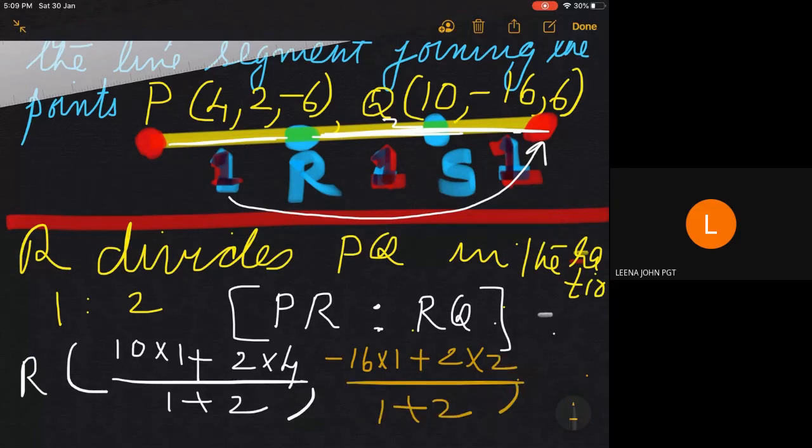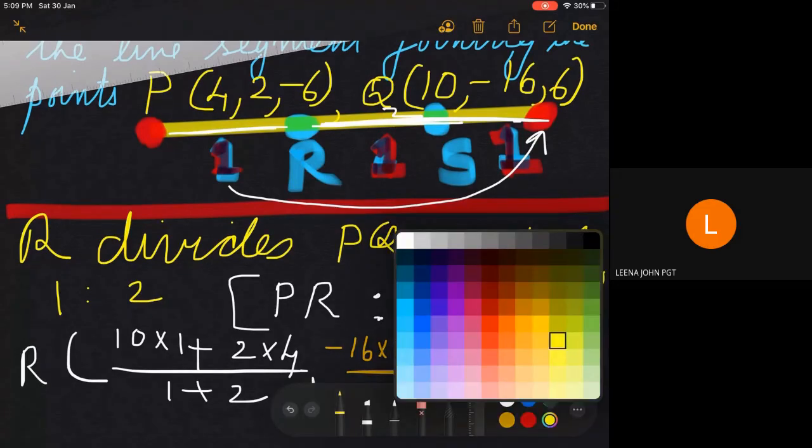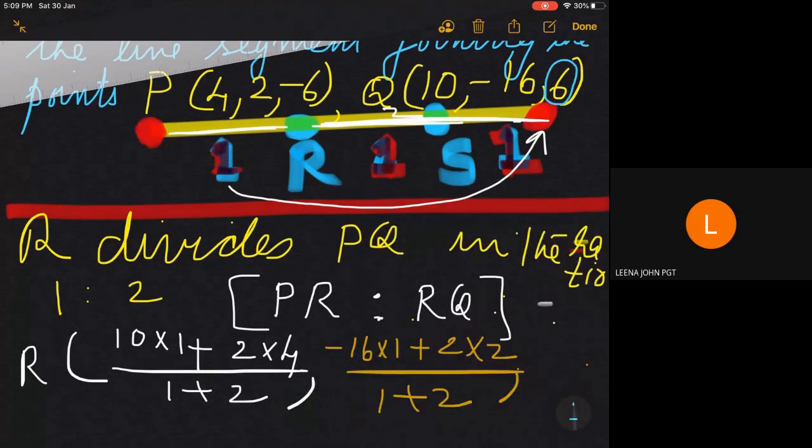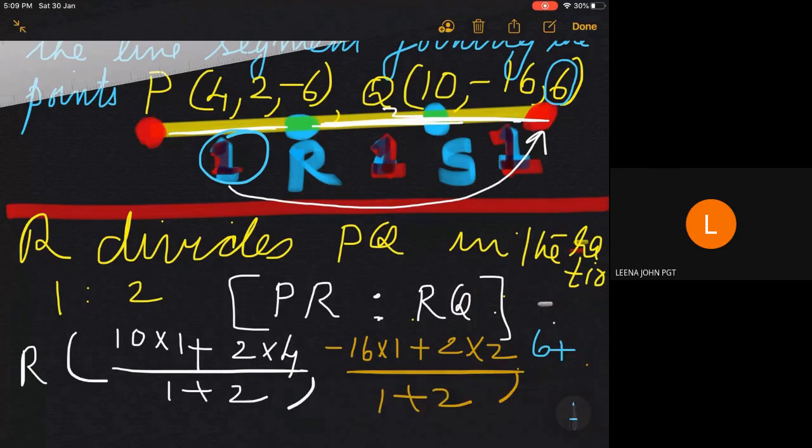And the z coordinate: 6 into 1, that is 6 only, plus 4 into 2, that is 8, divided by 1 plus 2, that is 3.